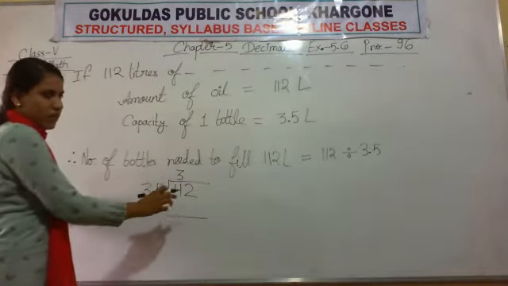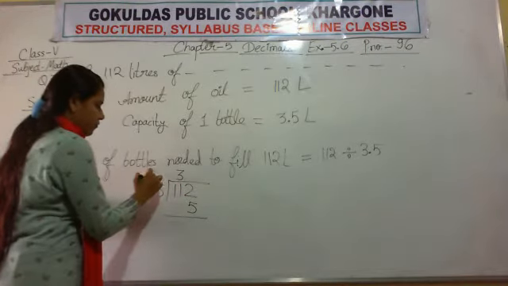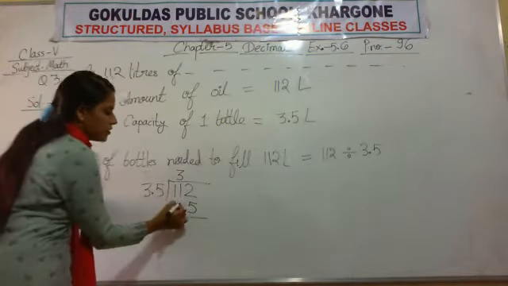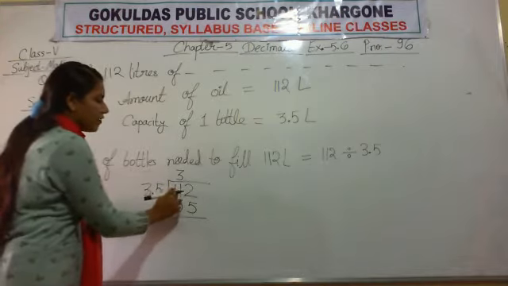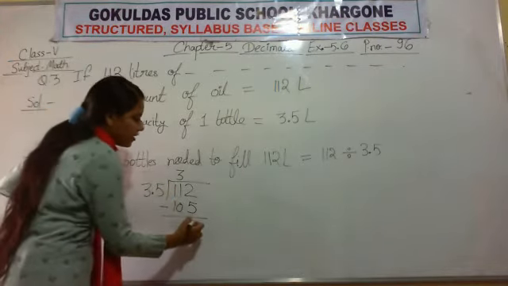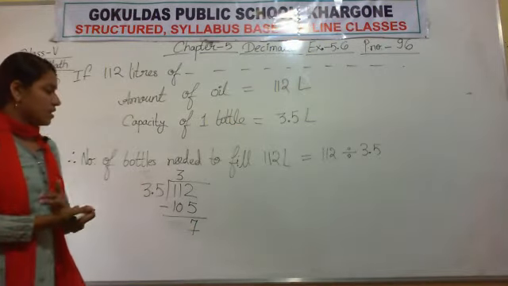In 3 times we can divide 112. 3 times 35 is 105. Now 112 minus 105, your result is 7.